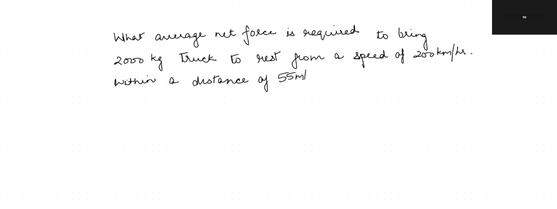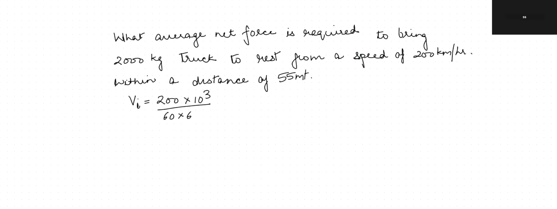Okay. So we see what is available here. What is the initial velocity? V initial is 200 kilometer per hour. So we will change it into meters per second. So it will be 200 into 10 raised to power 3 over 60 into 60.